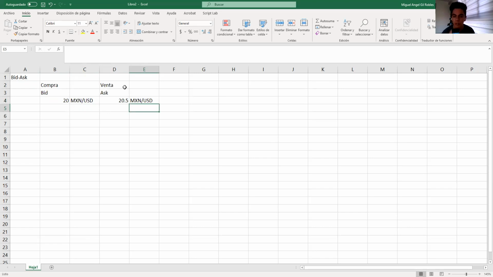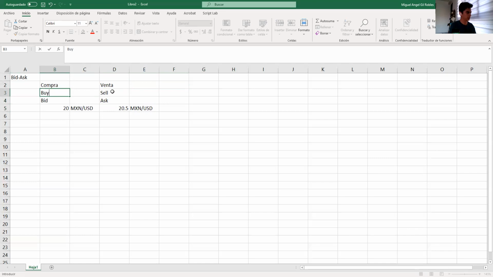So here, pay attention and take notes of what I'm going to say. When we're thinking about ask and bid, we are saying compra and venta. But what are we selling in here? This is also sell, this is also buy, right? Another way to call it, buy and sell.